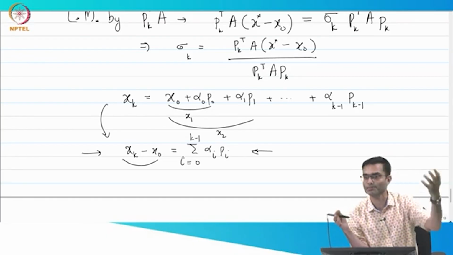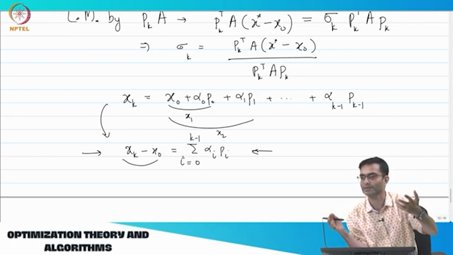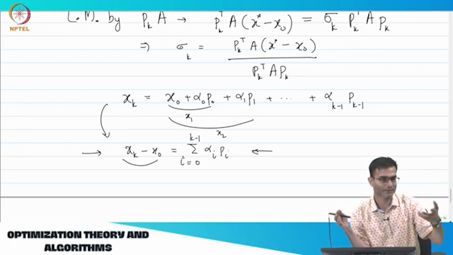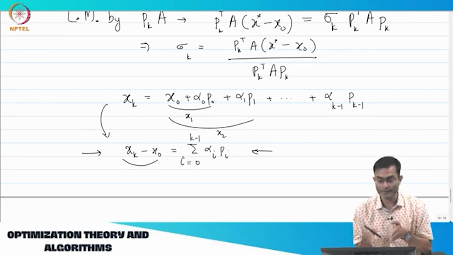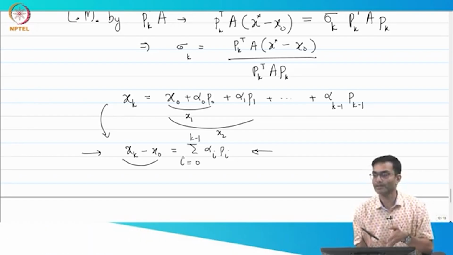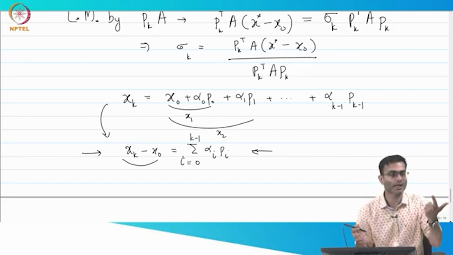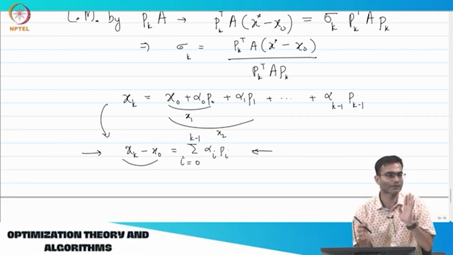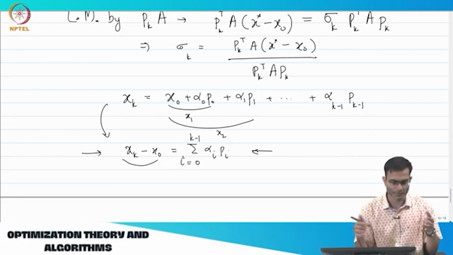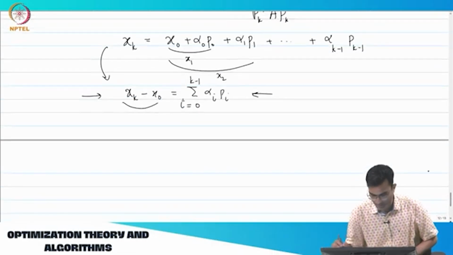That was given in the recipe of the CGM. Alpha i's were given by exact line search, right? So I can also estimate the alpha i's by using the conjugacy property, right? If I stick a Pj transpose A over here, it's going to isolate one of the alphas. I'll get something to compare with.